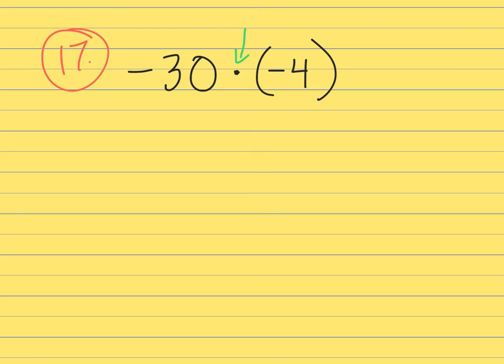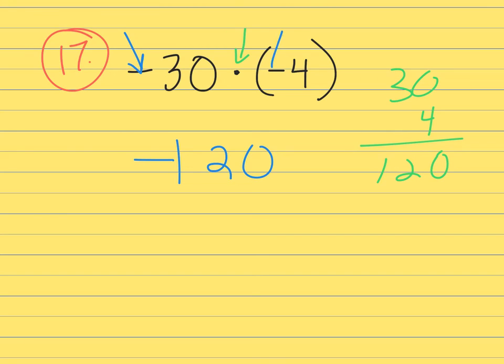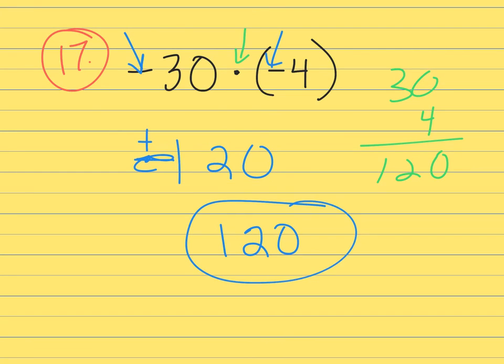All I do is multiply like normal. 30 times 4 is 120. It's going to be a negative 120 because there's only one. Oh, actually a positive 120 because there's 2 negative signs. So the answer will just be 120.